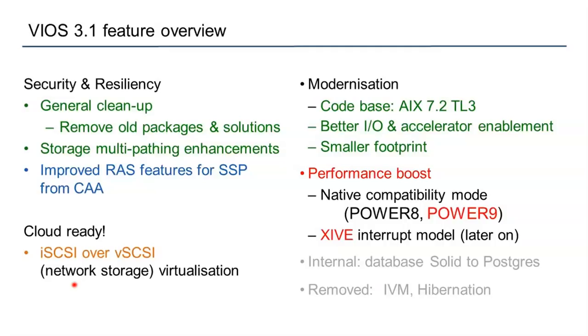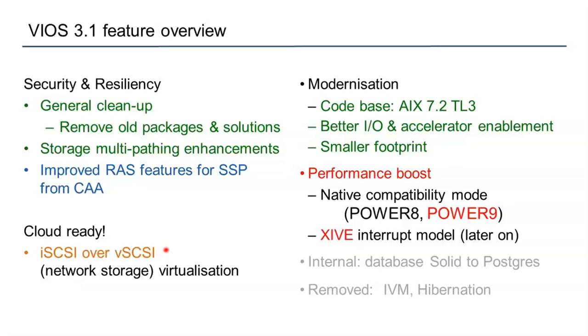It's like a LUN, isn't it, over the network, and then you export that with standard vSCSI to your client LPARs. Of course, if a client is using vSCSI, it can't tell whether it's a LUN in the VIO Server or a logical volume in the VIO Server, or a LUN on the Fibre Channel, or now iSCSI behind the covers. That's all kept secret from them.